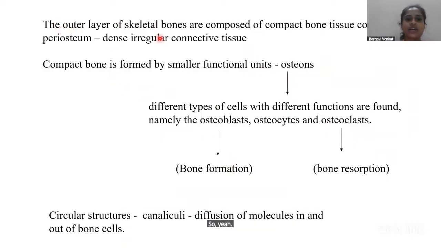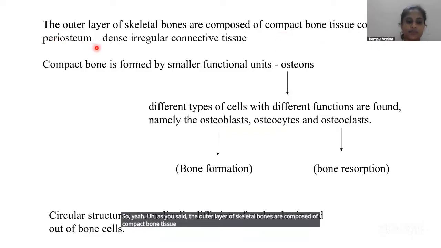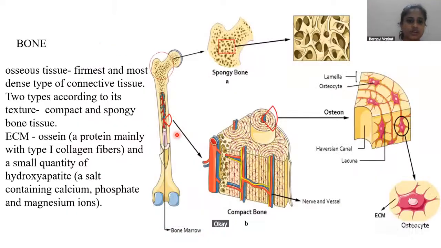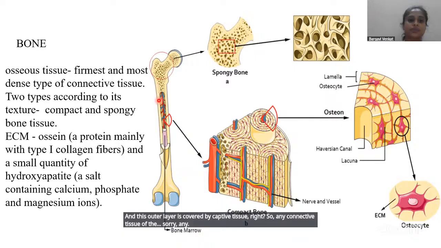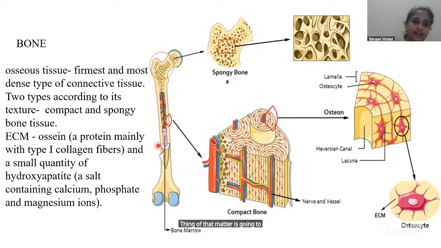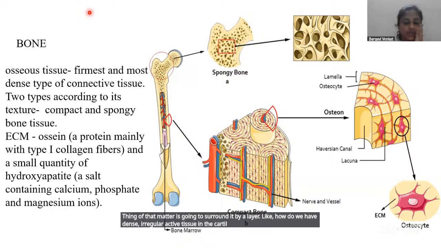As I said, the outer layer of skeletal bones is composed of compact bone tissue covered by periosteum. So the outer layer is your compact bone, and this outer layer is covered by connective tissue. Anything of that matter is going to be surrounded by a layer, like how we have dense irregular connective tissue around hyaline cartilage, which I showed in the image.